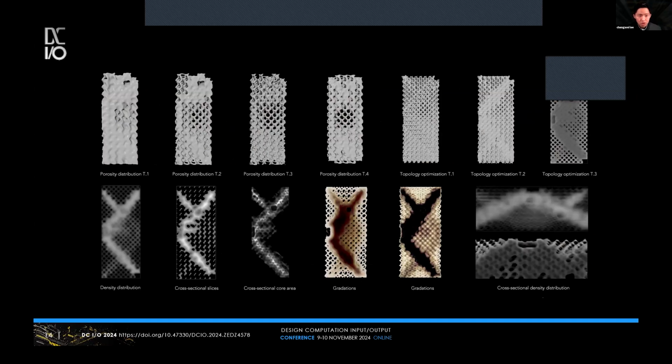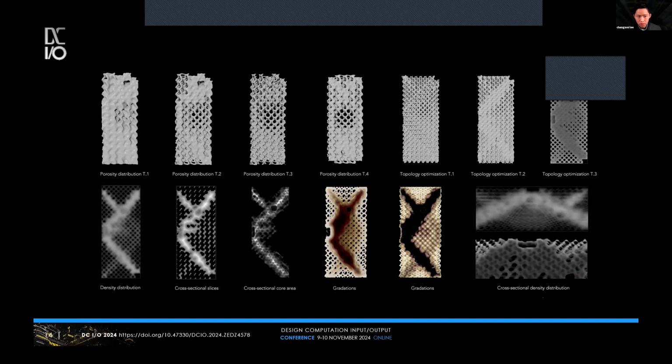And then I tried to do porosity distribution, creating something similar to the bone structure, but I tried to use topology optimization to optimize the structure that's growing inside this block.